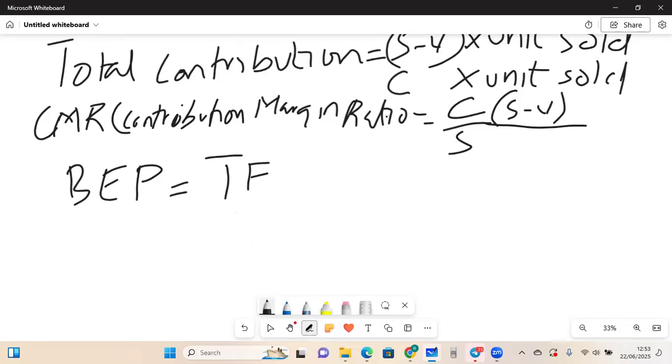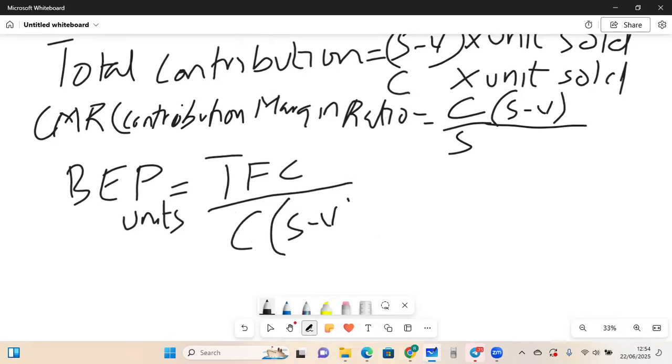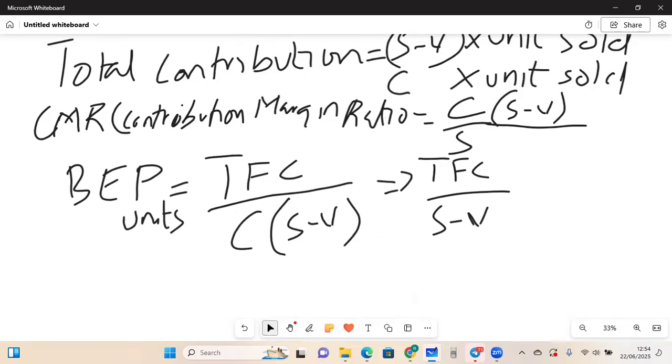Time is limited. If you want break-even point in units, it's total fixed cost over contribution. And we know contribution was given as selling price minus variable cost, so it is total fixed cost all over selling price minus variable cost per unit. Simple like this.